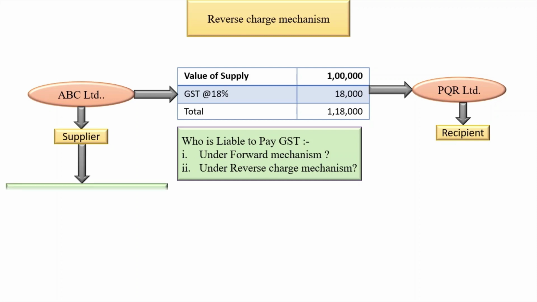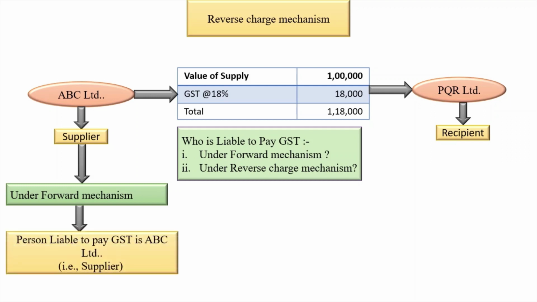So if it is a forward charge mechanism, then person liable to pay GST is ABC Limited, that is supplier. So under forward charge mechanism, ABC Limited is liable to pay GST because ABC Limited is a supplier.